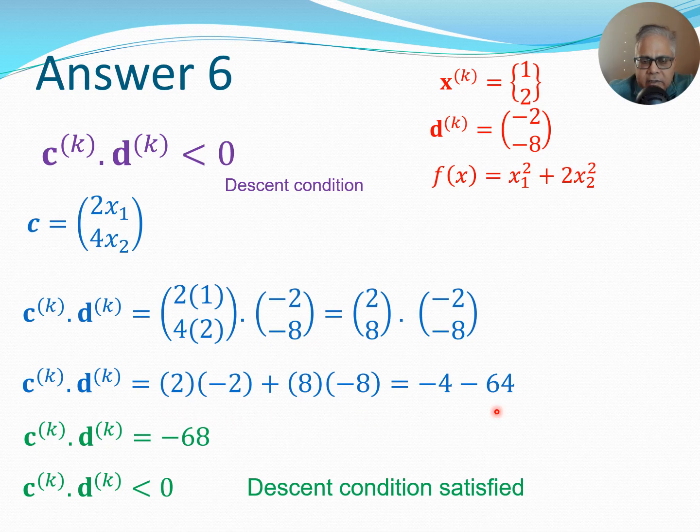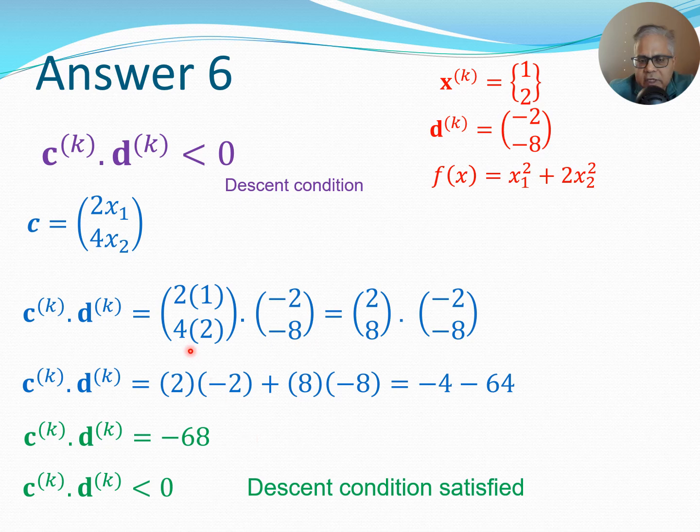I expand this out as the dot product and I get negative 4 minus 64, which gives me ck dot dk is minus 68. So this is certainly something which satisfies ck dot dk is less than 0. It's negative 68. So I can see that this particular method satisfies the descent condition here.